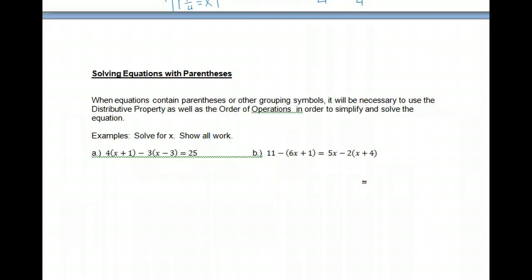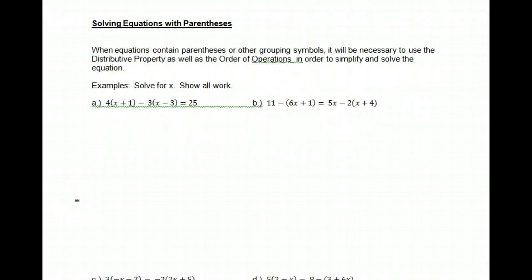So it becomes extremely important for you to make sure that you have understood the lesson on grouping symbols, distributive property, order of operations, plus everything that we have done so far in order for you to be able to successfully complete the equations that we're about to work on right now.